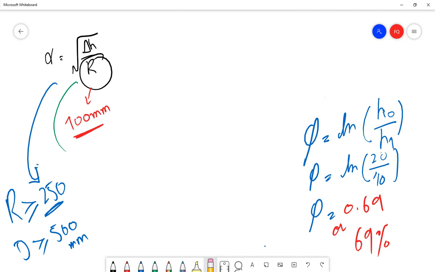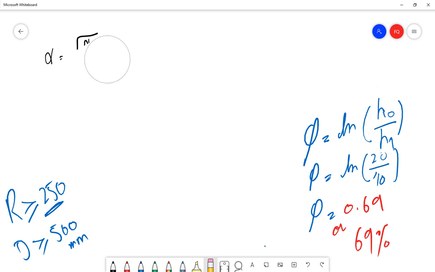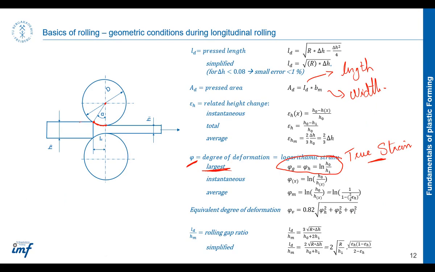Okay, so now we know our roll radius and we also know our total strain. Now we are interested in calculating the total force required. The total force is basically dependent on several aspects. Let's see.